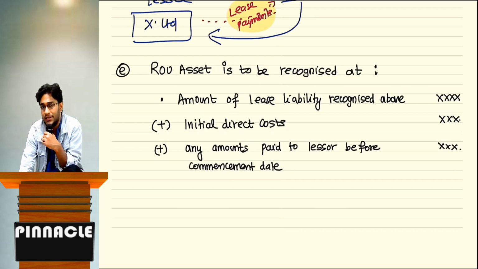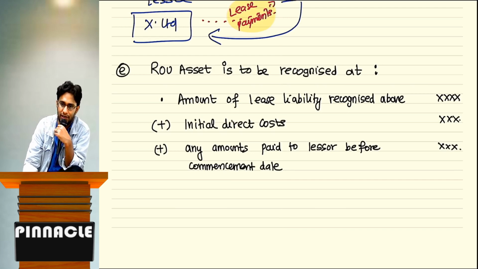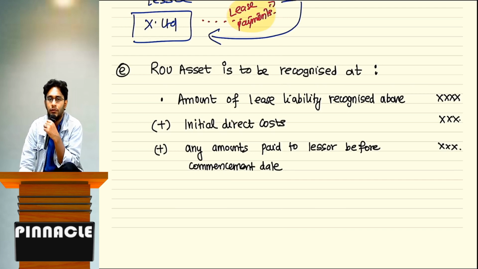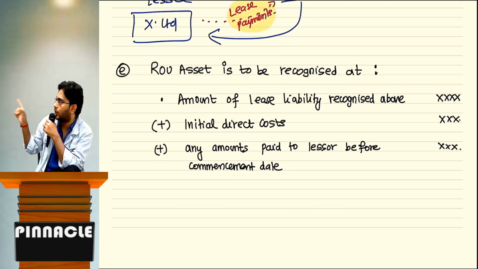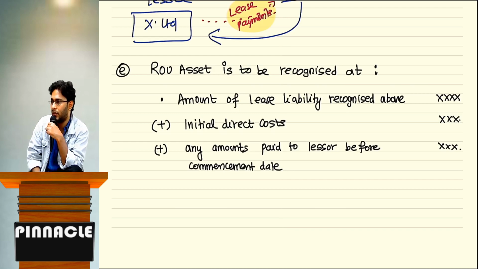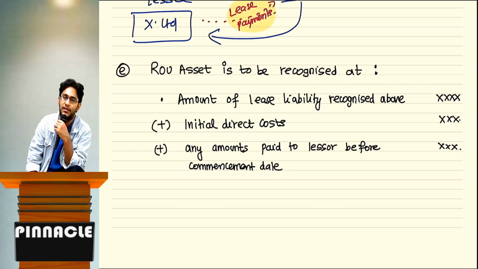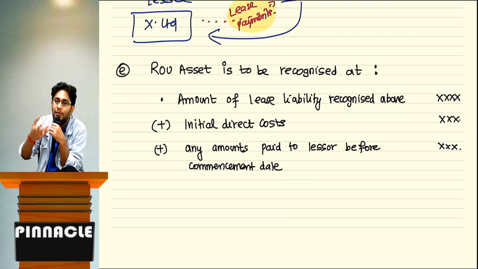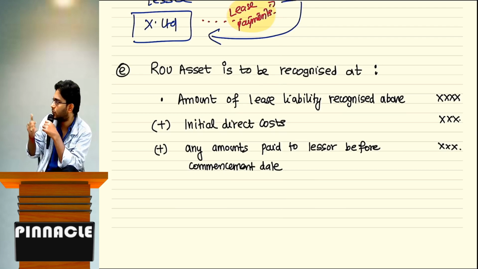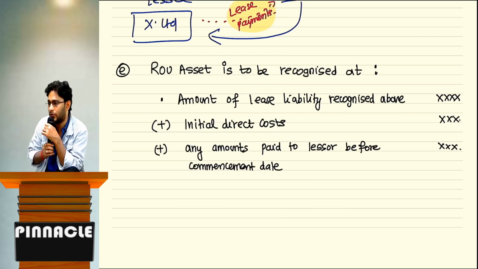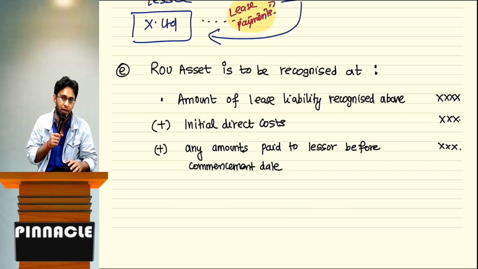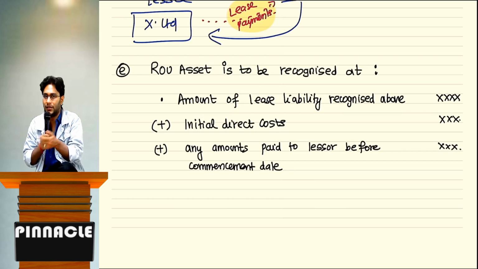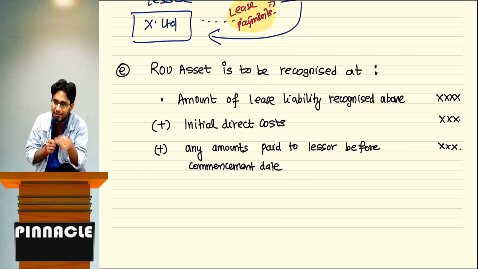But after the inception date and before the commencement date, in case you happen to pay anything to the lessor, that amount you have to debit to the ROU asset. Sir, why is this not included in the lease liability? Lease liability is for what is payable, so why will you include what is already paid? That is the reason whatever is already paid will not be included; only payables will be included there. But whatever you already paid, you also paid for the ROU asset only, no? So you are adding that to the asset.